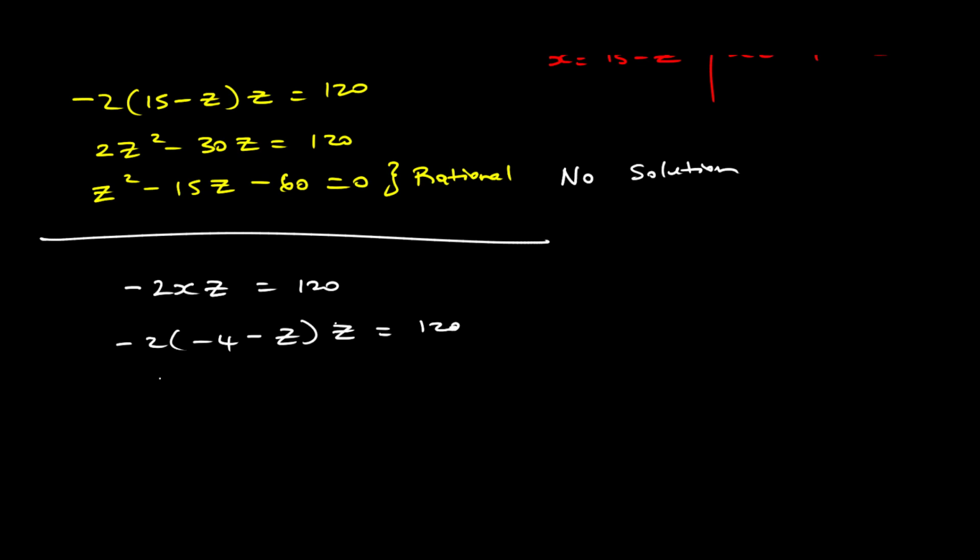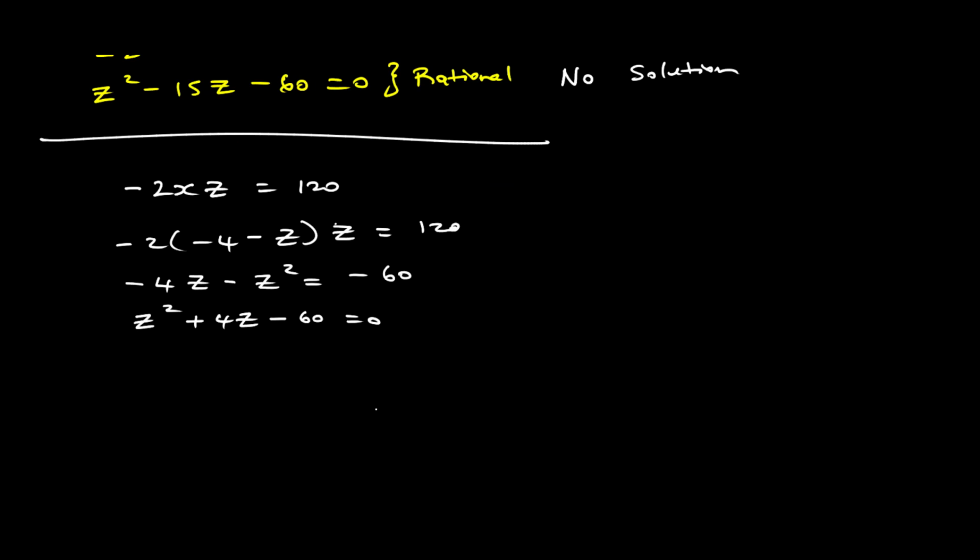And we could actually rewrite this to get a quadratic equation, which would be easy to solve. Minus z squared is equal to negative 60, and hence z squared plus 4z minus 60 is equal to 0.